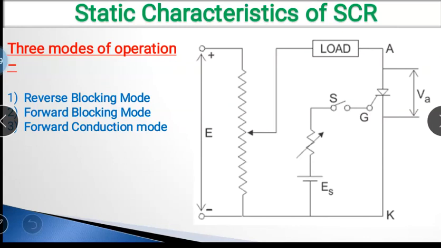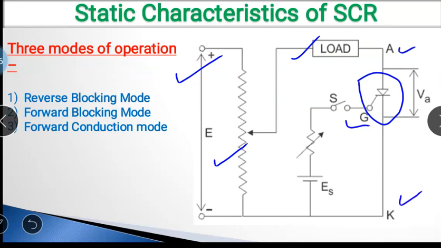In this circuit diagram you can see the DC power supply, this is the load resistance, and this is the SCR with three terminals: anode, cathode and gate. The gate also has a power supply with variable resistance, and a switch is given for connecting and disconnecting. Across this thyristor we can get the voltage.